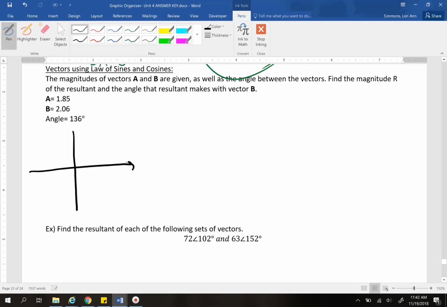Here we have our x and y coordinate. We're always going to start in the standard position, and we're going to go 136 degrees.